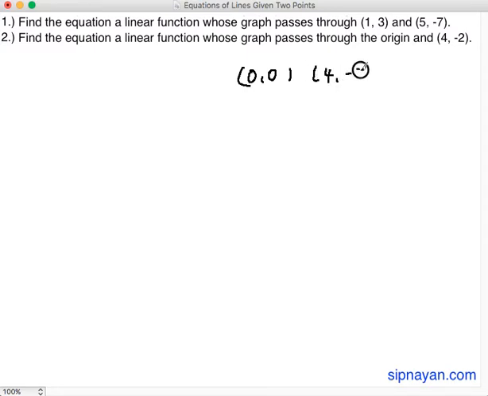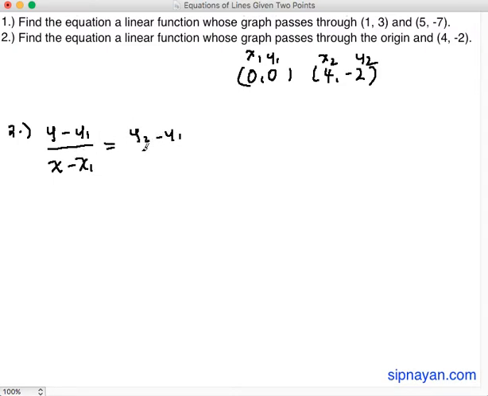Pwede nating x sub 1, y sub 1, and then x sub 2, y sub 2. So again, gamitin natin yung formula kanina. We have y minus y sub 1 over x minus x sub 1 is equal to y sub 2 minus y sub 1 over x sub 2 minus x sub 1.